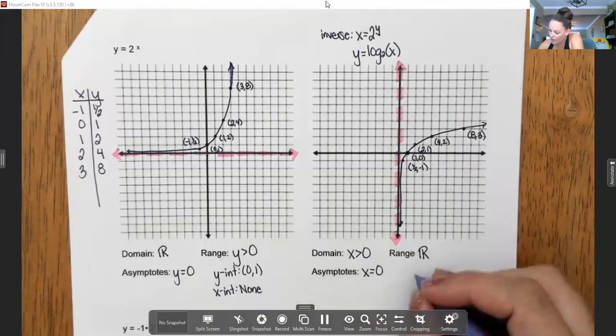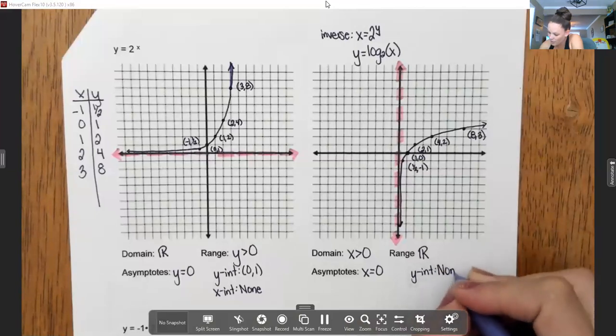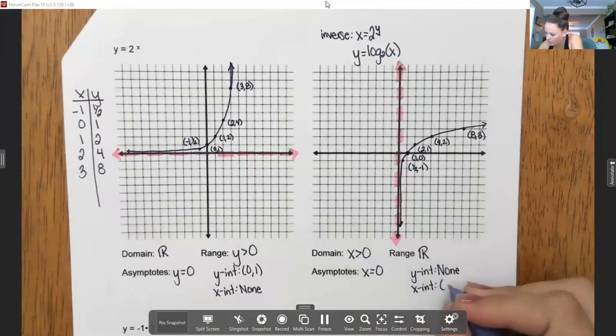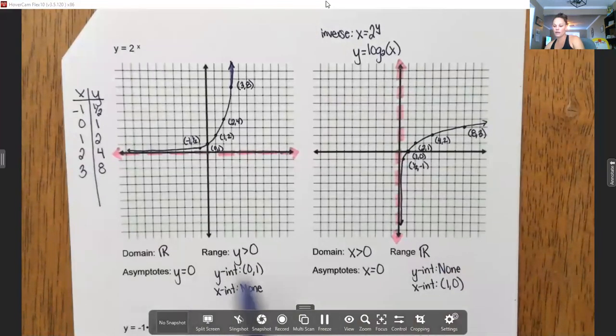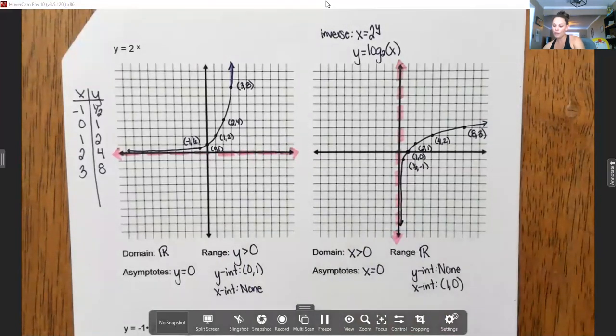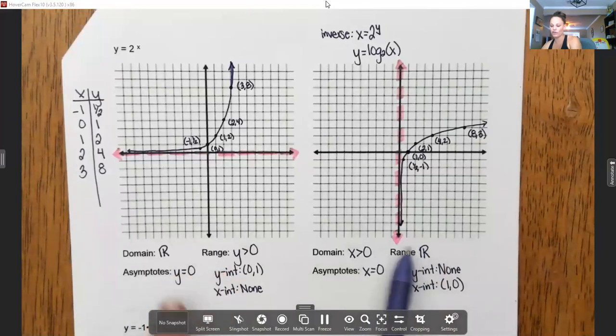And then our y-intercept is none, and our x-intercept is 1, 0. So we can see here, again, the graph reflects across the line y equals x. Our domain and range, we should remember, hopefully these switch, and that's why it's on here.